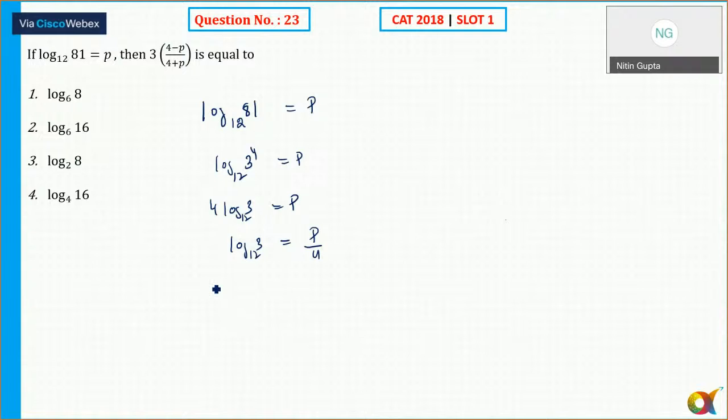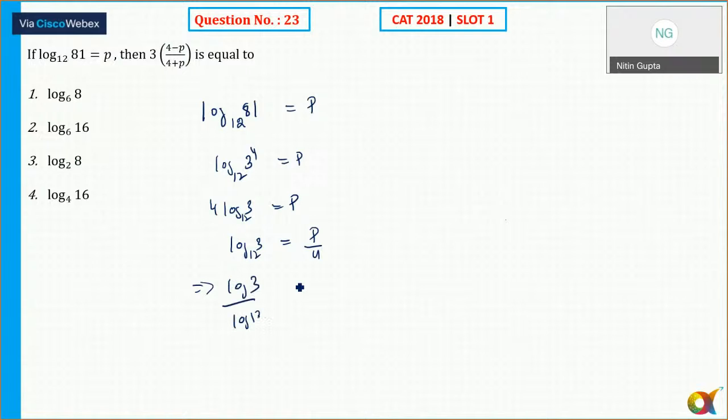And log 3 to the base of 12, it is equal to what? I can say log 3 to the base of 12, 3 raised to power 4, right? Yes. So P by 4 is equal to log 3 upon log 12.